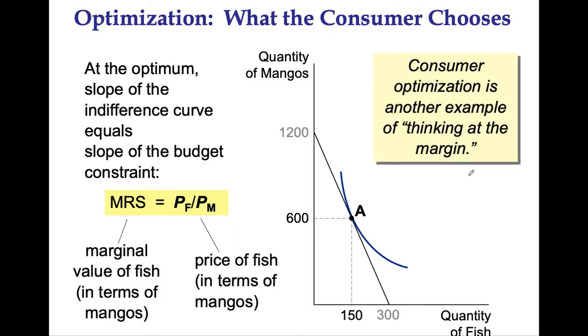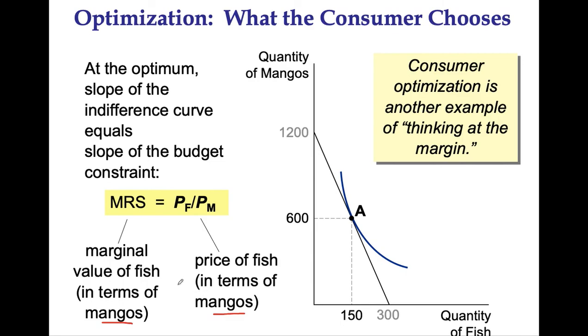So the MRS represents the marginal value of fish in terms of mangoes, and the price of fish over the price of mangoes represents the relative price of fish, meaning the price of fish in terms of mangoes.